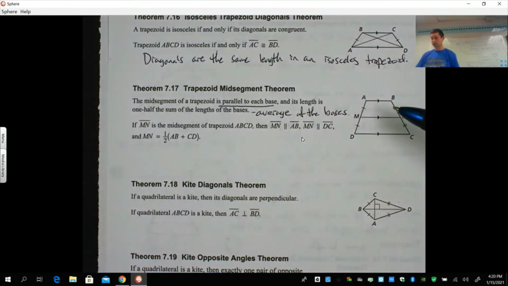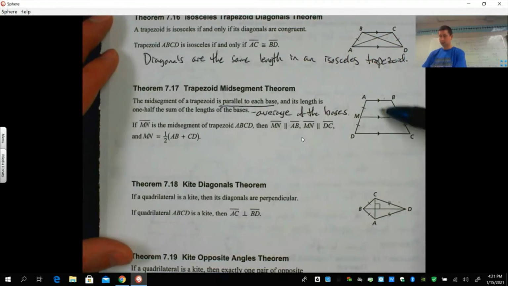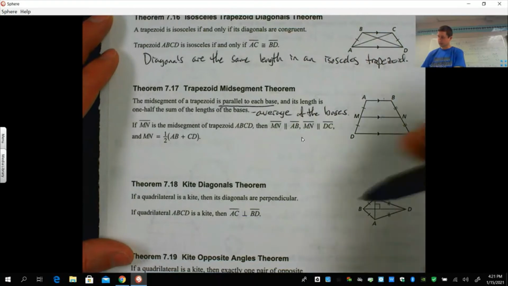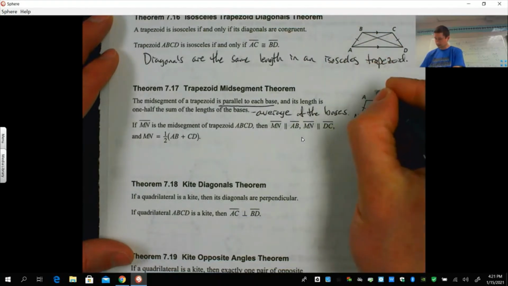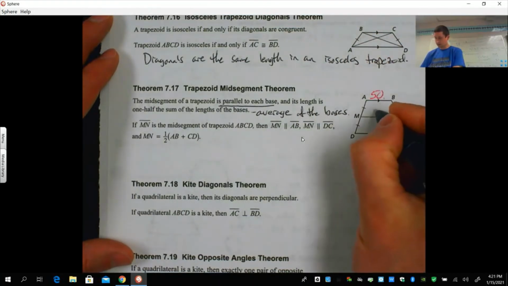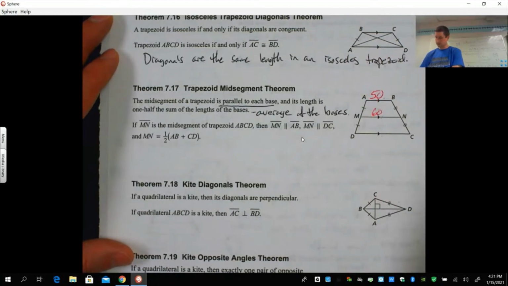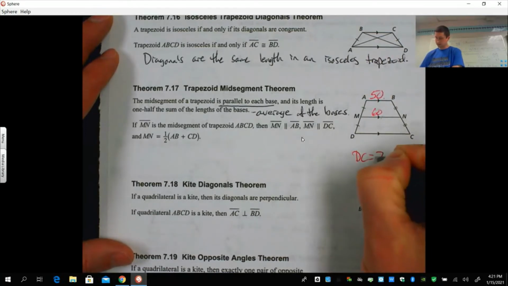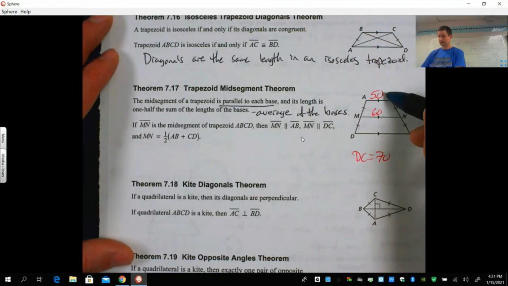You can kind of use some common sense a little bit with this, that the difference between the top and the middle is going to be the same as from the middle to the bottom. Okay, so let's say this is 50 and this is 60. We know those two. Okay, DC then has to equal 70 because it's 50 plus 10 is 60. 60 plus 10 would have to be 70.